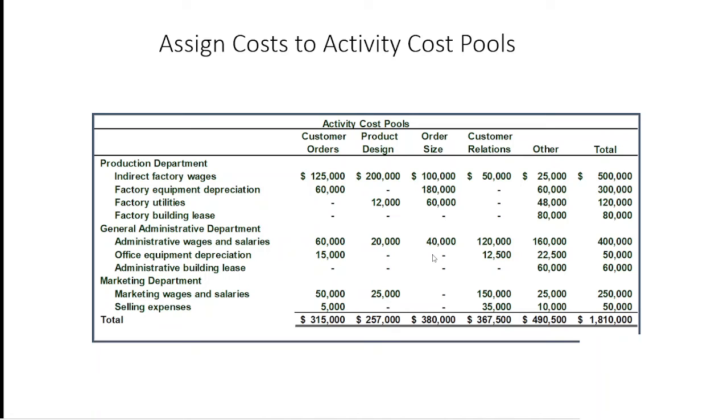Now, based on this, we will see which products are going to use these services. So we can now do the pricing of the products in a proper manner, because we are able to allocate the individual cost. There is this unallocated cost, which is about 25% of the total: around 490 divided by 1.8 million is 25%.